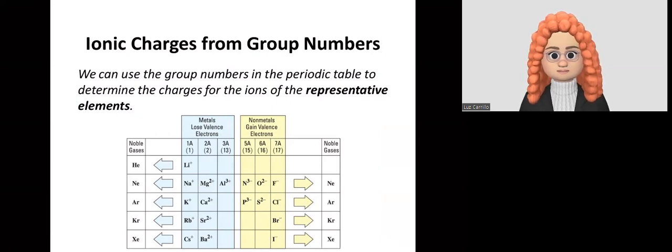Now, in addition to the group number giving us information about the valence electrons, it also can give us information about the ionic charges that a particular element has.